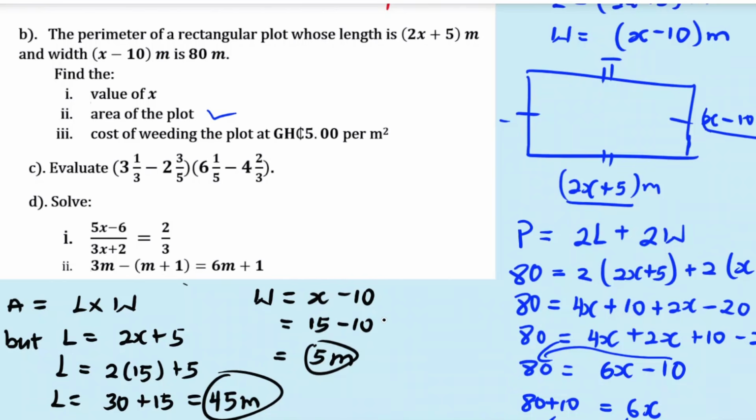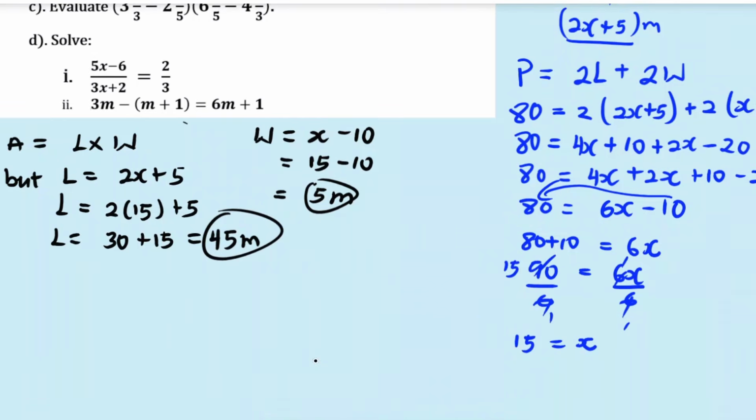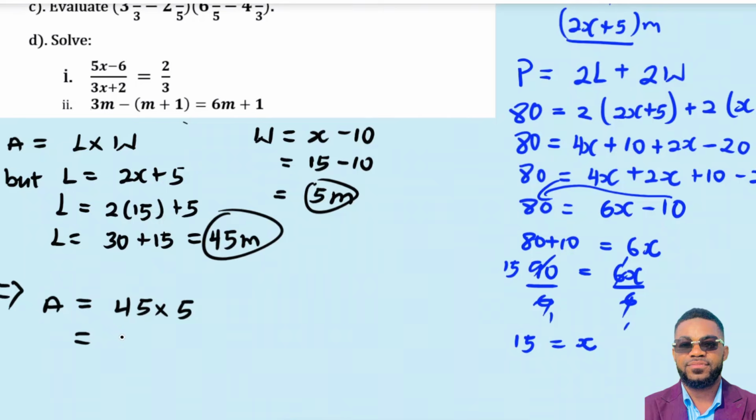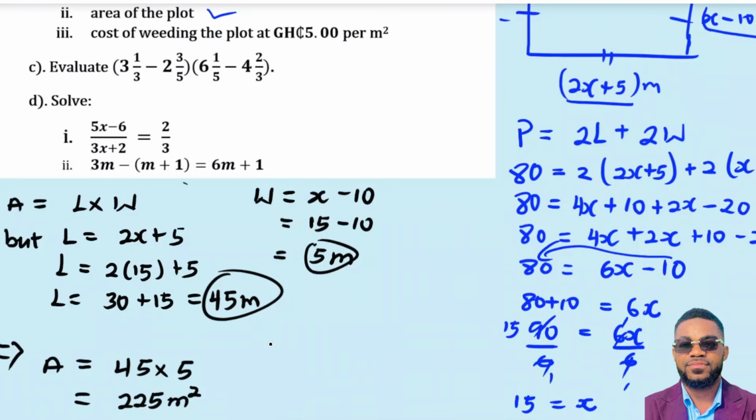So let's find the area. So this implies that the area of the rectangle is equal to 45 times 5, and that will give me 225 meters squared. So that's the area of the rectangle or of the plot.